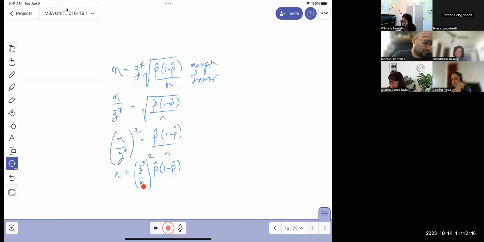The lower the margin of error, so the more narrow your confidence interval, the more precise your result, that would mean that the smaller the denominator is, the higher the n is. So it means a higher sample size. And then it's multiplied by these.